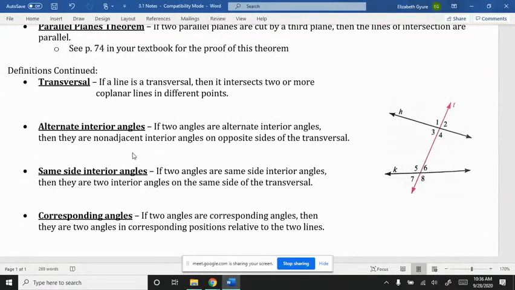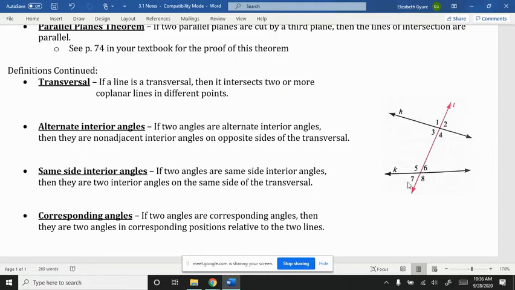Then a few other vocab words. These are going to follow us along throughout the whole chapter. First one is a transversal. If a line is a transversal, then it intersects 2 or more coplanar lines in different points.